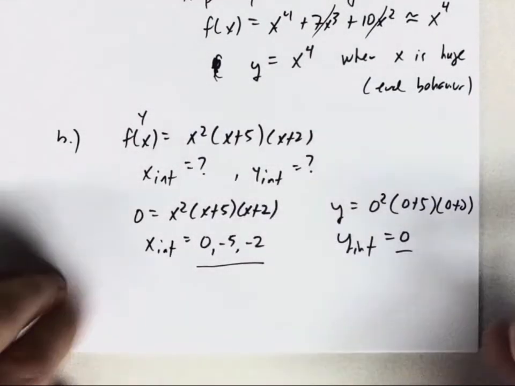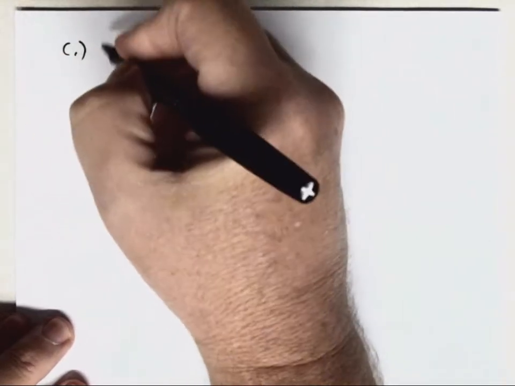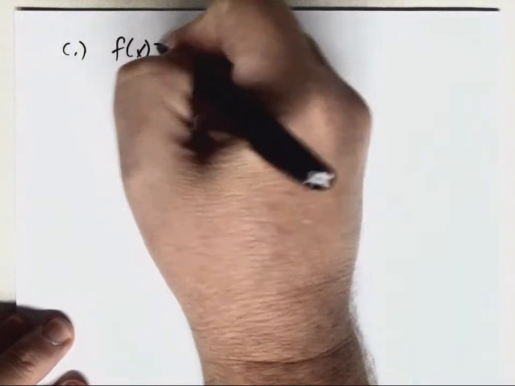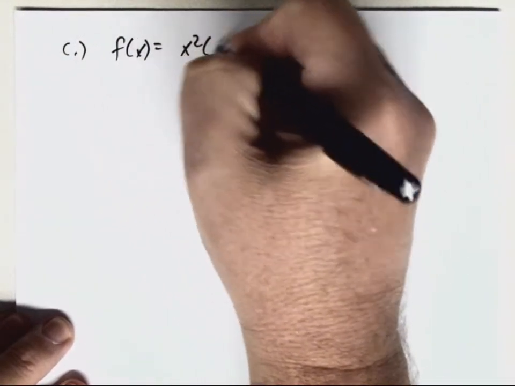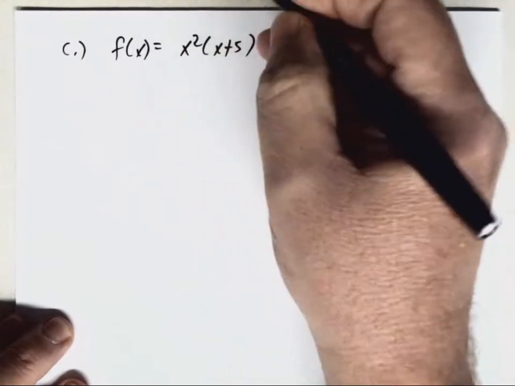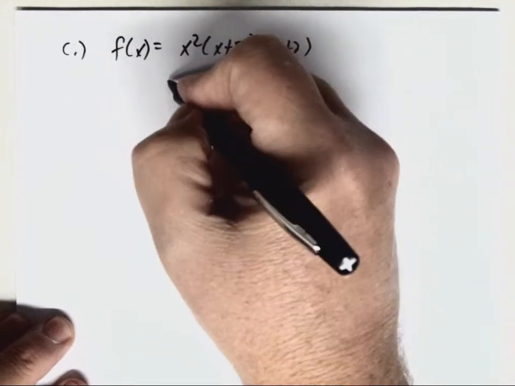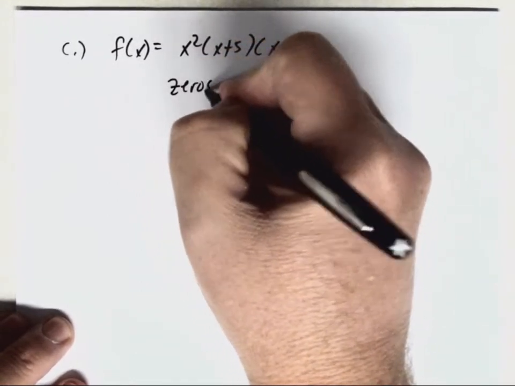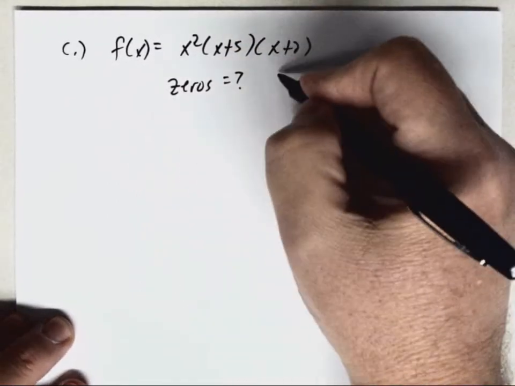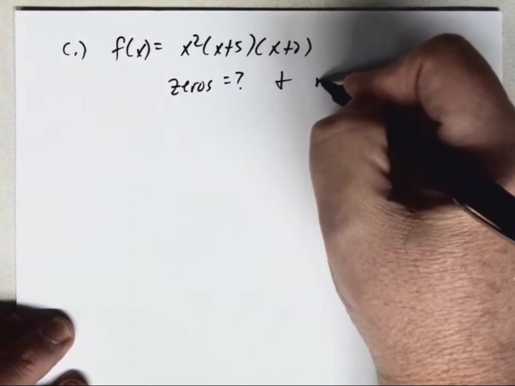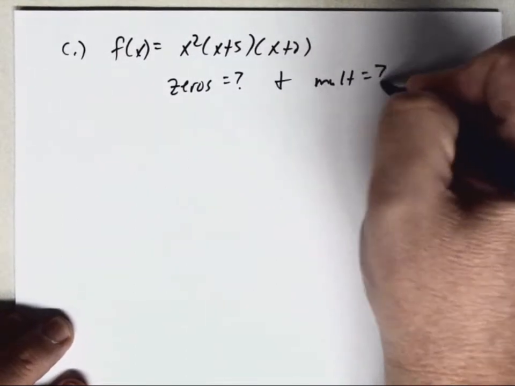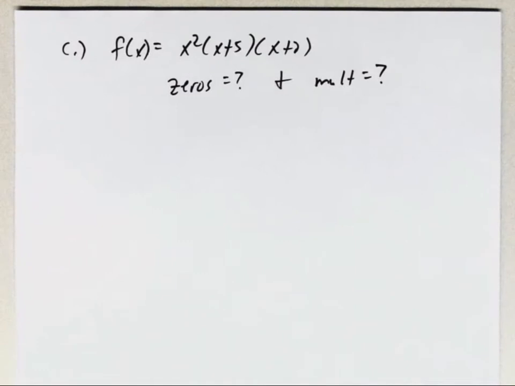Part C. Let me rewrite the function so we can see it, because everything we're doing is based off that function. So here's the function we're working with again. Part C says what are the zeros, and for each zero, give the multiplicity.